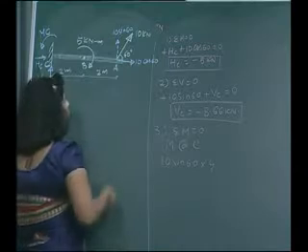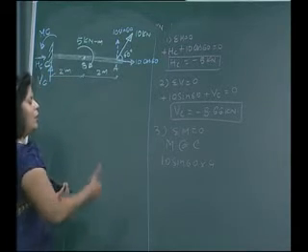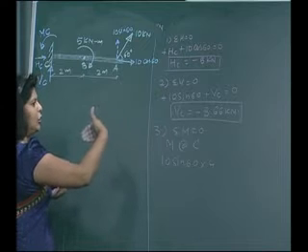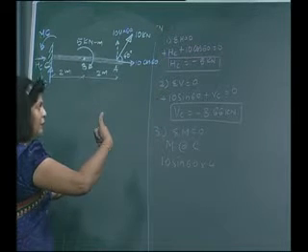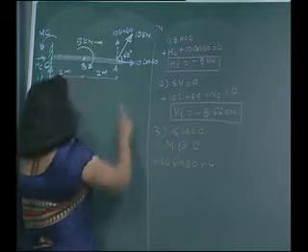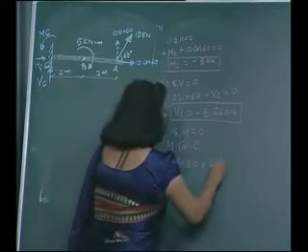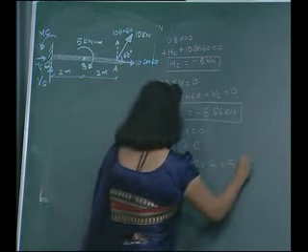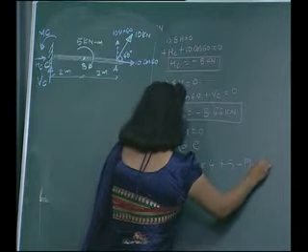According to our right hand thumb rule, the force is upwards and the fingers are moving in which direction? Anti-clockwise. So it will be minus. Then 5 kilonewton in the clockwise positive and Mc in the anti-clockwise negative, that is equal to 0.